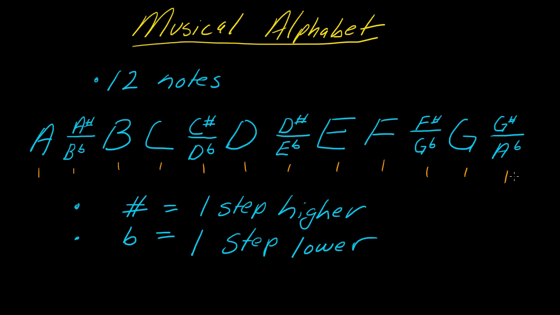Now some of you might be asking, well, when do I call it a sharp as opposed to a flat? Like this note here, when should I call it C sharp or D flat? Now in music theory, there are some rules on calling one correct and calling the other incorrect.